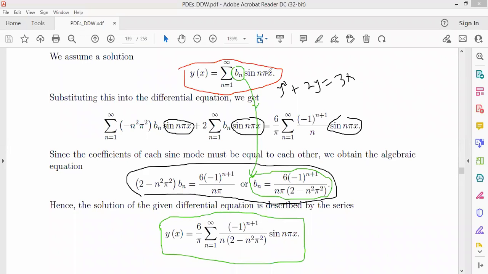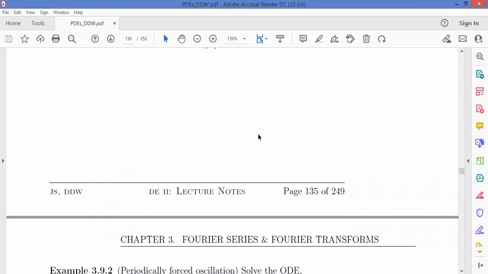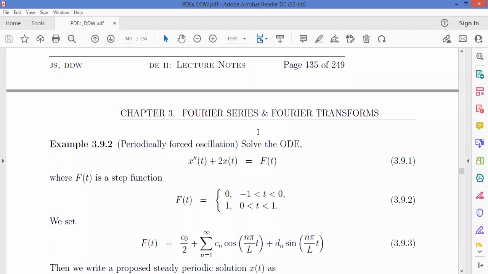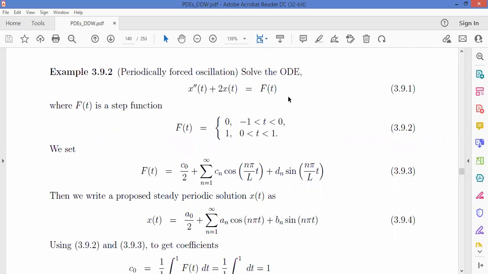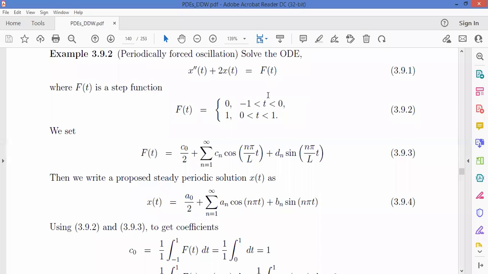Okay, so let's continue. That is one example. There is another example here now. So we have a certain f(t). If you look at the f(t) here, if I scroll a little bit, what is our f(t)?